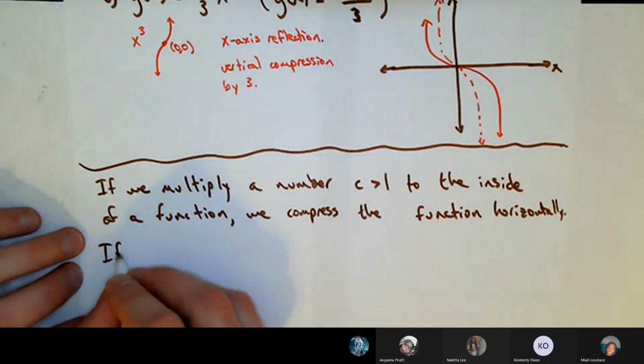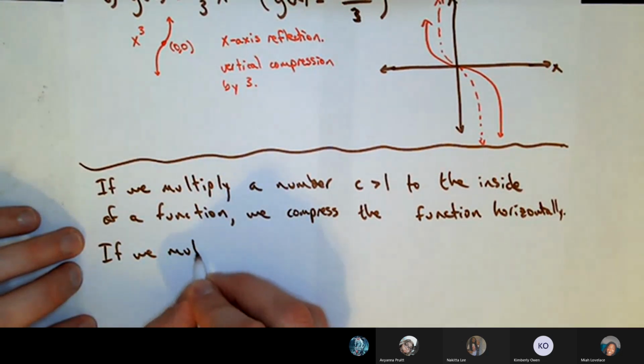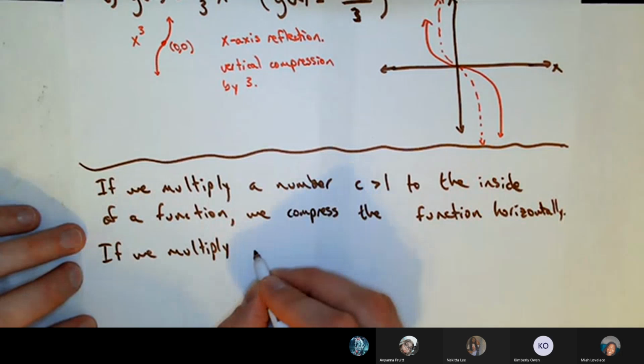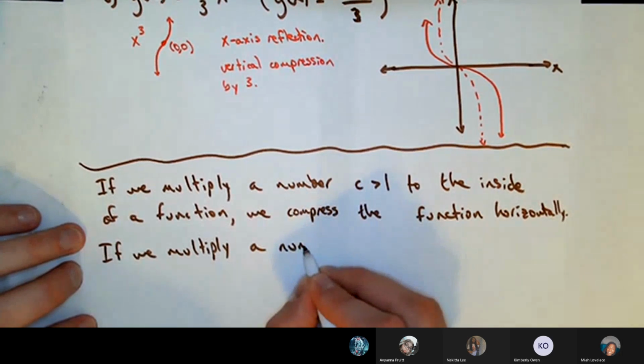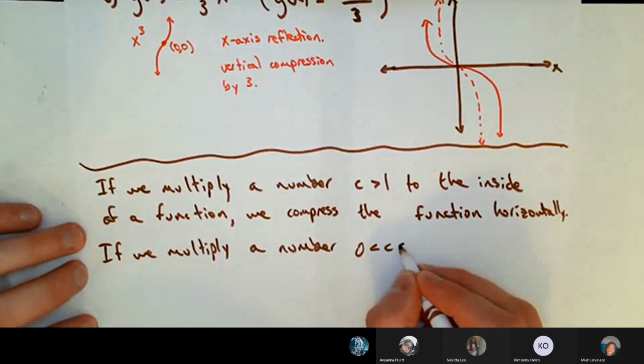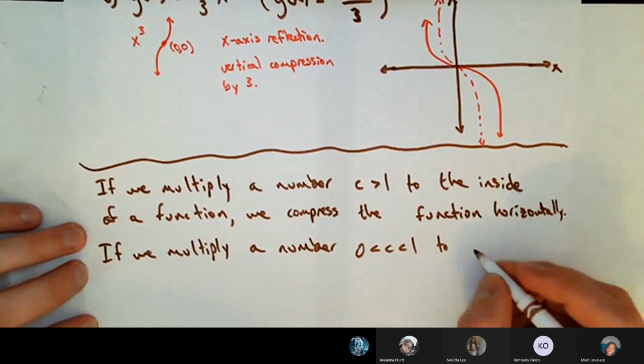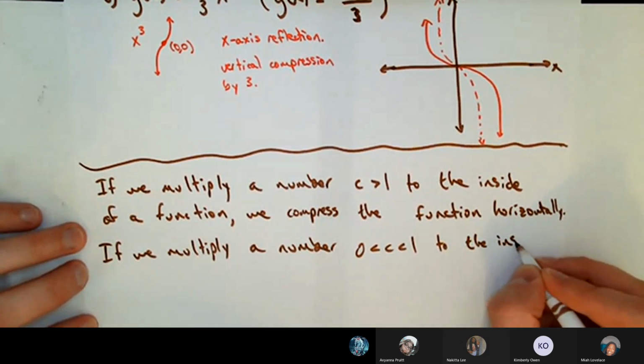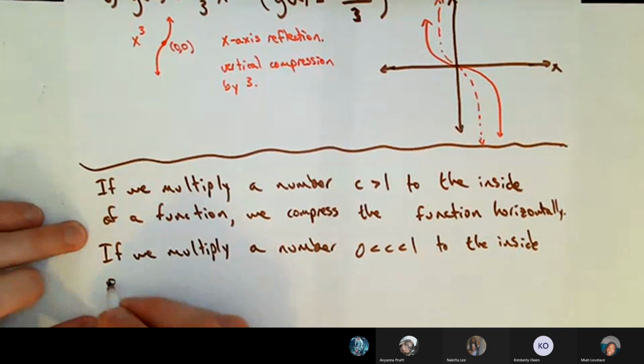And then likewise, if we multiply a number between 0 and 1 to the inside of a function, and I'm going to show you examples of this.